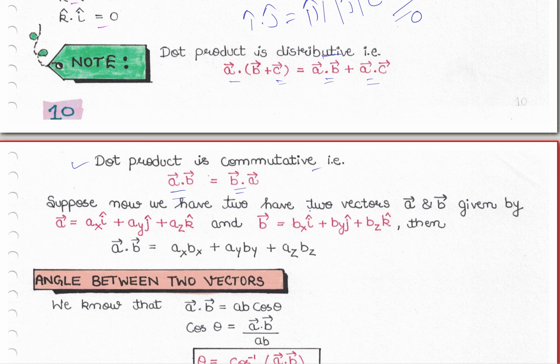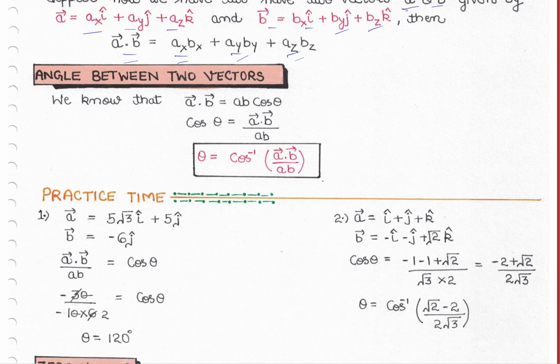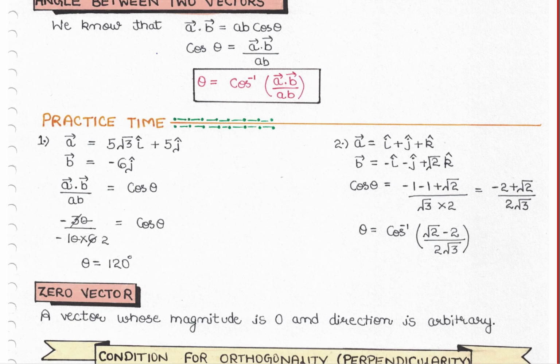Suppose now we have two vectors a and b given by a vector is equal to ax I cap plus ay j cap plus az k cap, and b vector is equal to bx I cap plus by j cap plus bz k cap. Then a dot b is equal to ax bx plus ay by plus az bz. Now the angle between two vectors, we know that a dot b is equal to ab cos theta.